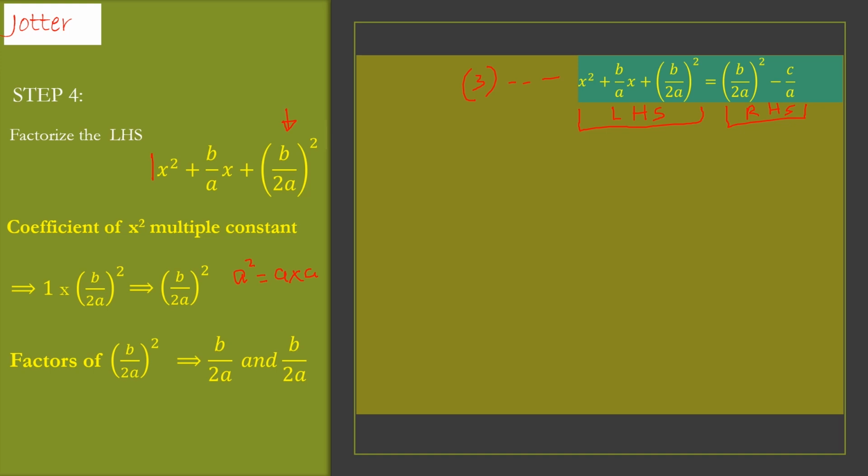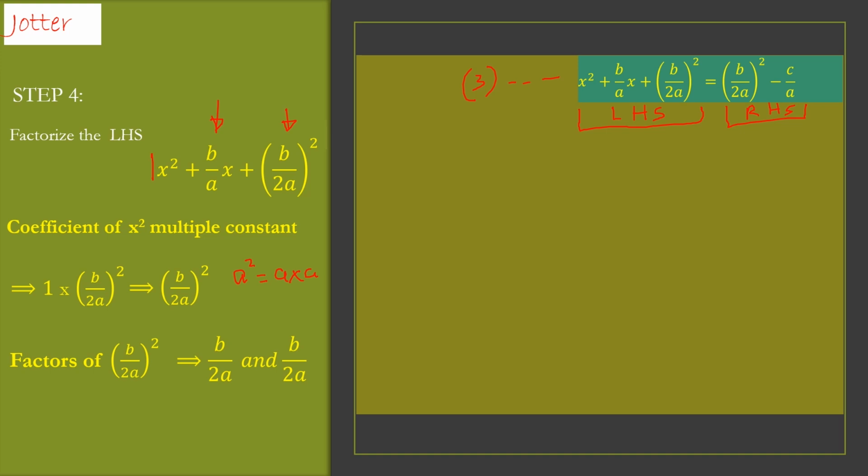With this, we want to find a way of getting the coefficient of x here. Now, if we take b over 2a minus b over 2a, we are going to get 0. So that will not work.